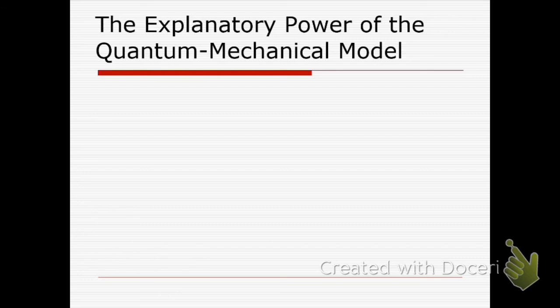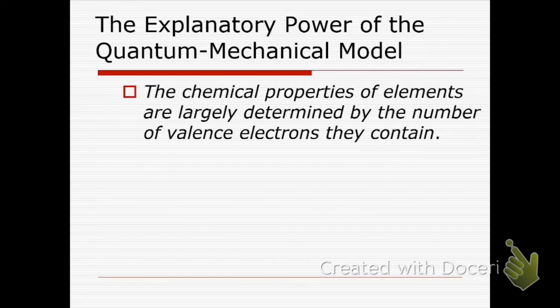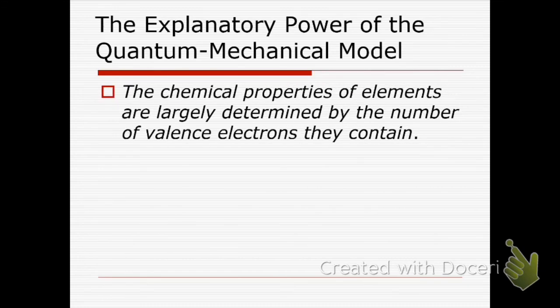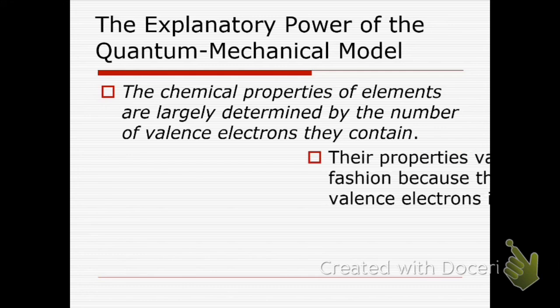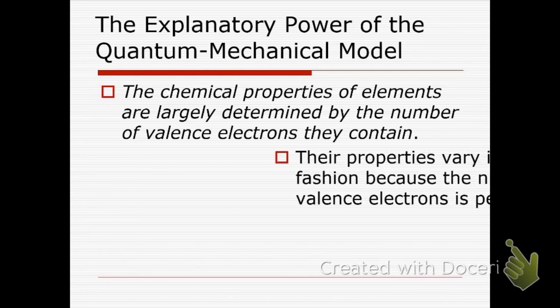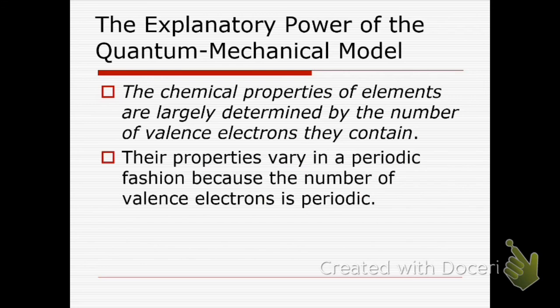So the quantum mechanical model, which focuses on looking at our electrons in terms of where they're most likely to fall and separating our core versus valence electrons, helps us to see that the chemical properties of elements are very much determined by the valence electrons they contain. So these properties vary in a periodic fashion because of the number of valence electrons on the periodic table.